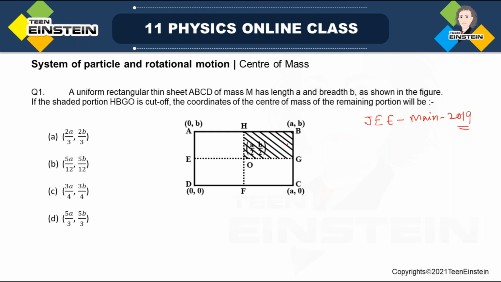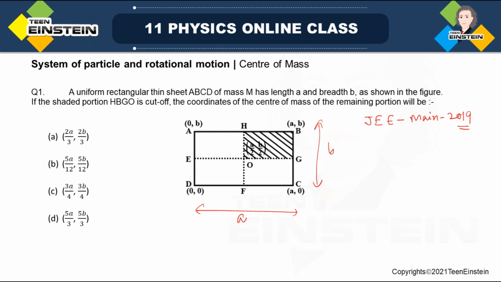Thin sheet means it has some mass throughout, and this whole sheet has mass capital M and length A. From the coordinate you can see 0, A, and breadth B. This is given in the figure. You can see this shaded region HBGO. If this shaded region is cut off, what are the center of mass coordinates for the remaining portion?